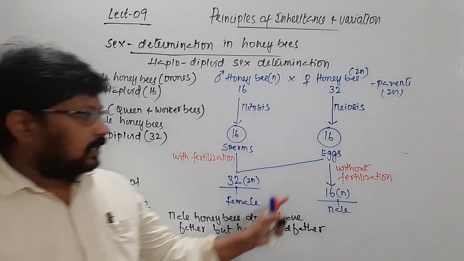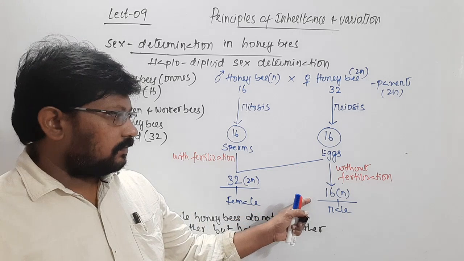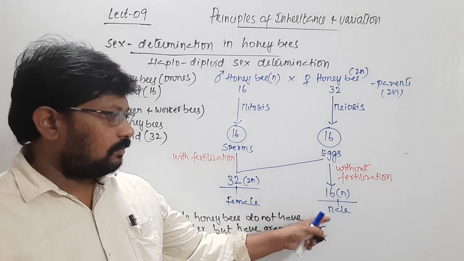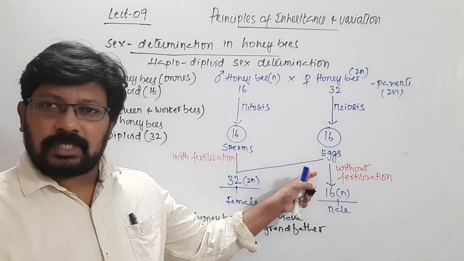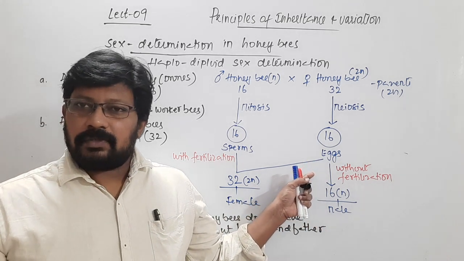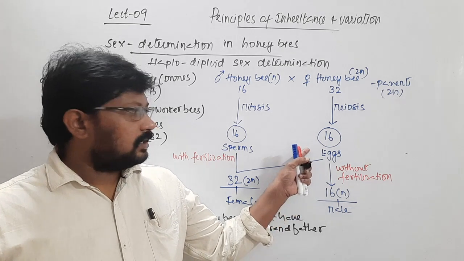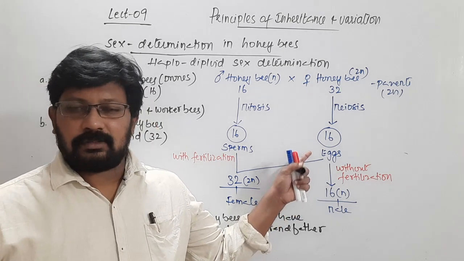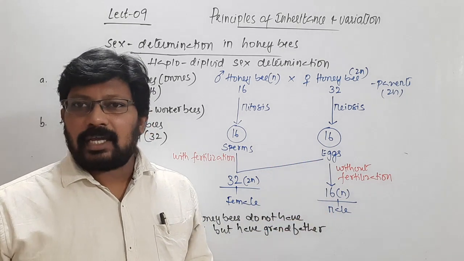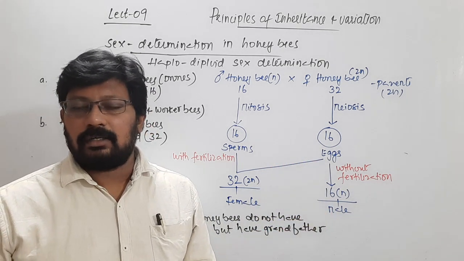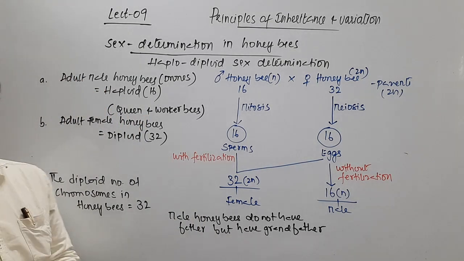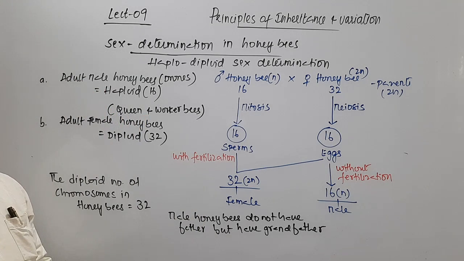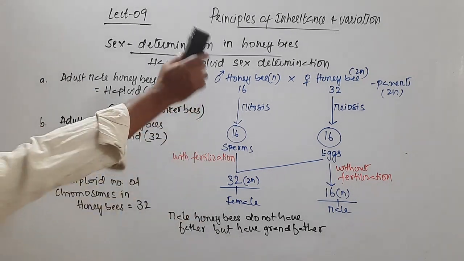Because you can see the eggs are developing without fertilization, hence there is no father for this male. But the mother is developed from the fertilization of an egg, so the mother will have a father. So this male will have a grandfather but not a father. Right, so this is the case of sex determination in honeybees. That's all about sex determination.